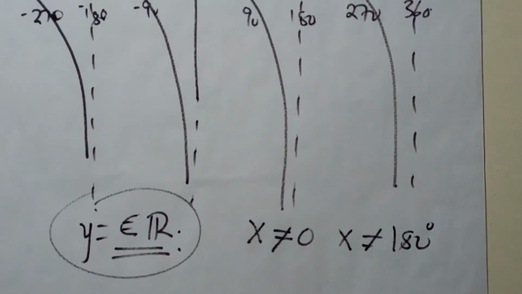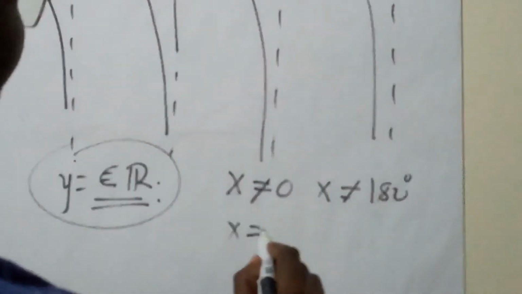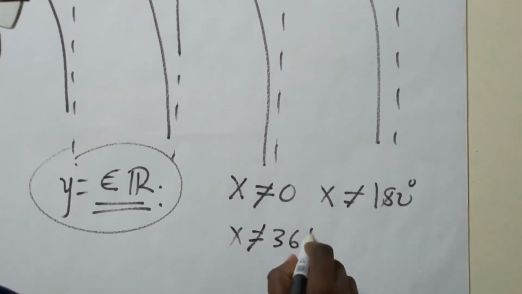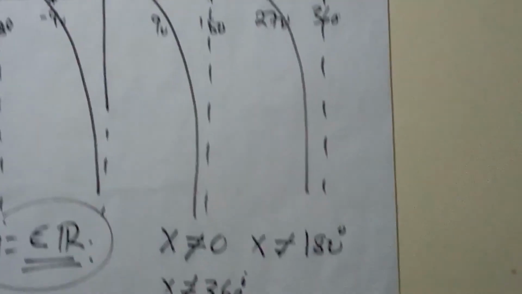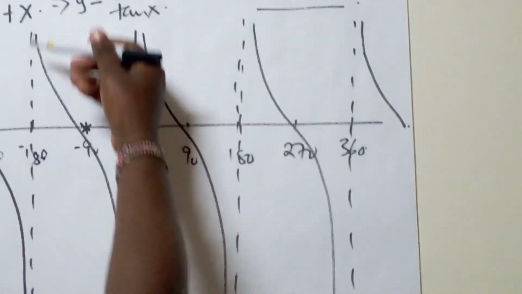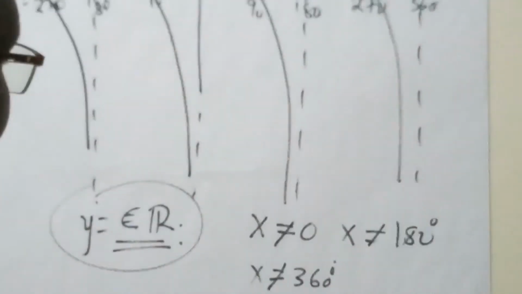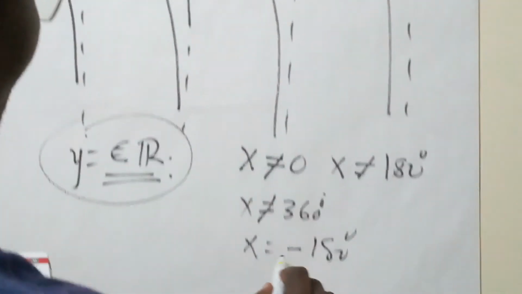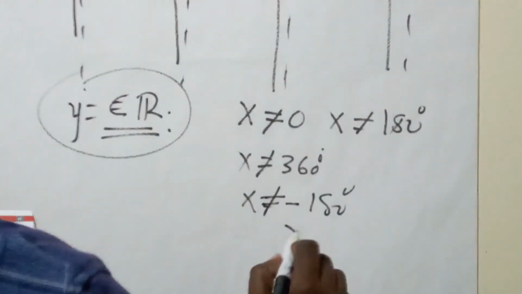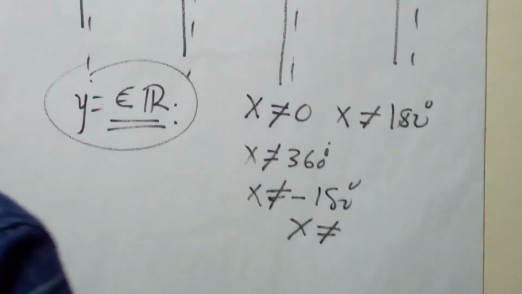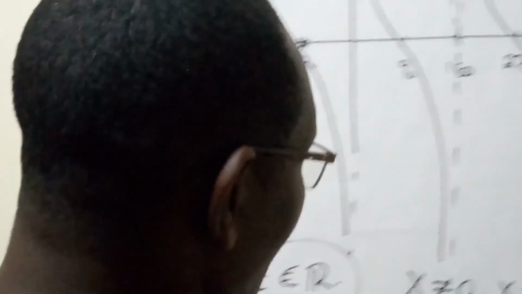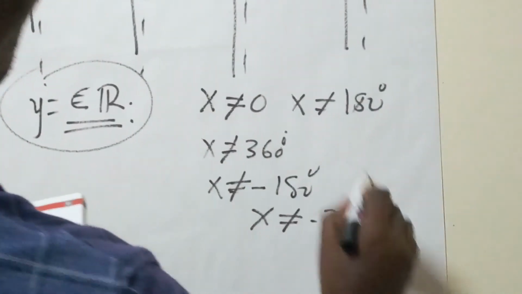We don't even have x equal to 360 degrees. x is not even supposed to be negative 180 degrees. It's not supposed to be equal to negative 180. x is not even supposed to be equal to negative 360 degrees.